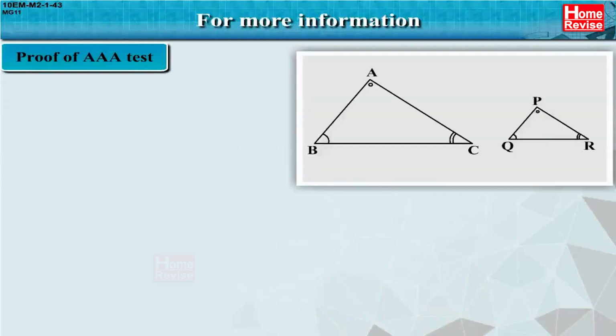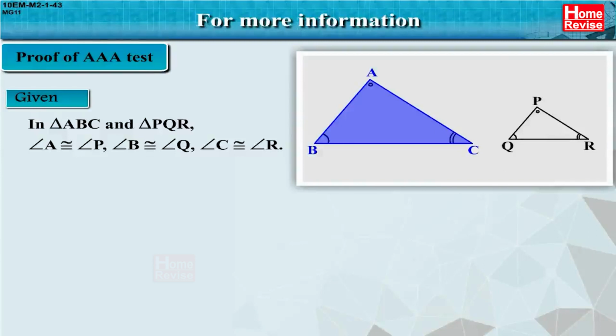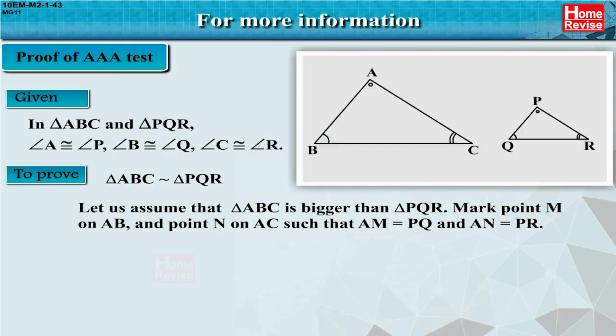For more information, proof of AAA test. Given in triangle ABC and triangle PQR, angle A is congruent to angle P, angle B is congruent to angle Q, angle C is congruent to angle R. To prove triangle ABC is similar to triangle PQR, let us assume that triangle ABC is bigger than triangle PQR.